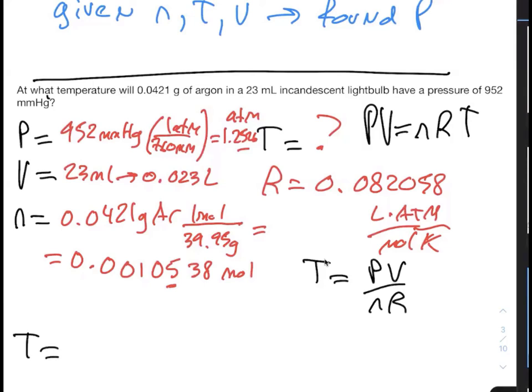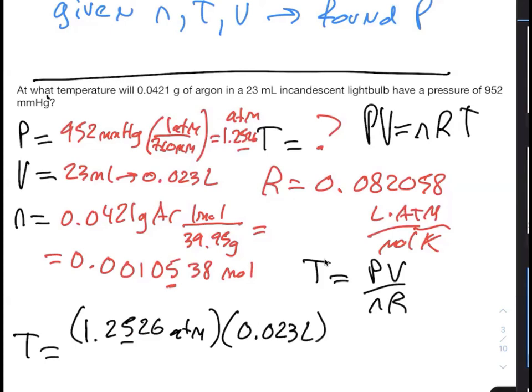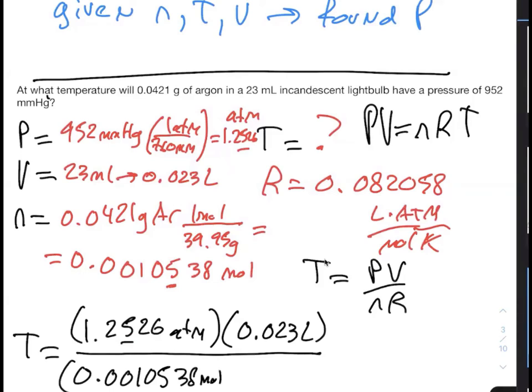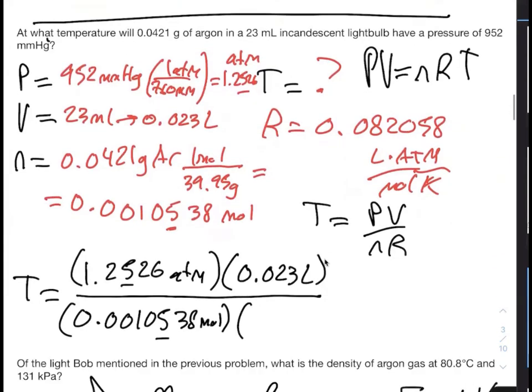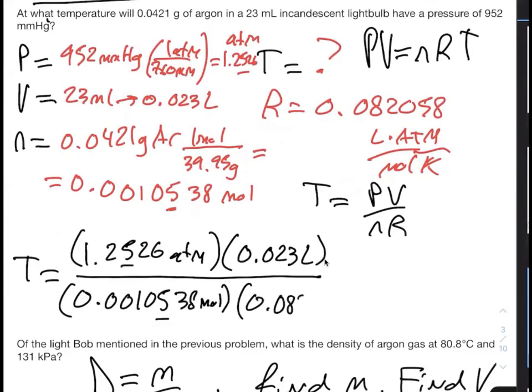So T is equal to P, which is 0.989 atmospheres, 3 sig figs, times V, 0.023 liters, divided by n, which is very small, 0.0010538 moles, 3 sig figs, times the gas constant, 0.082058 liters times atmospheres over moles times Kelvin.